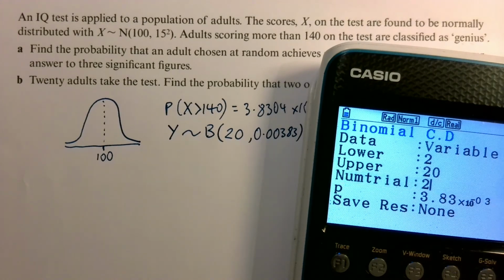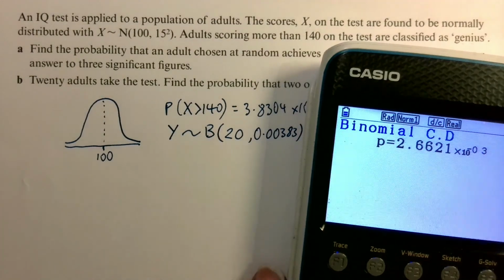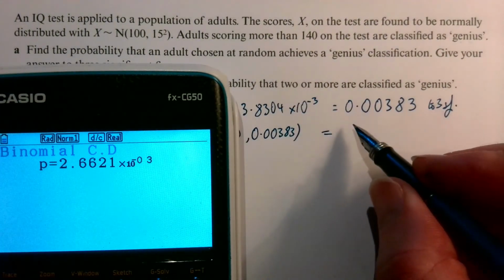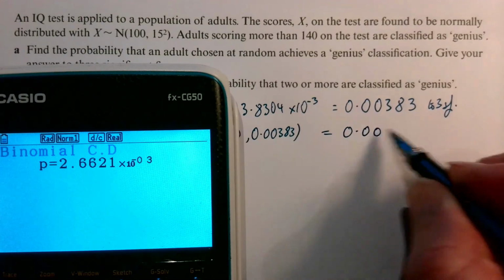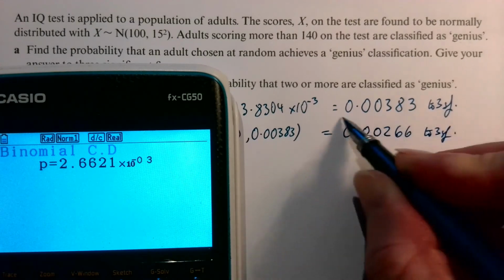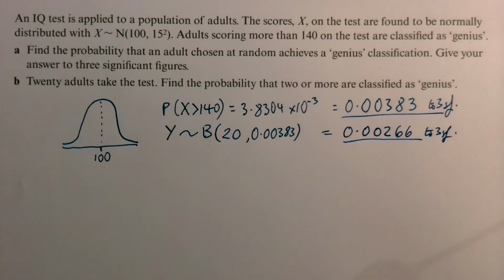Our number of trials is 20. Our probability is 0.00383, which is what that is already. Press that in there, we get 2.66 times 10 to the negative 3, which will convert by dividing by 10 3 times, gets us 0.00266 to 3 significant figures, which is an appropriate one to do as they asked it in the very previous question. And that's all for the examples for today.